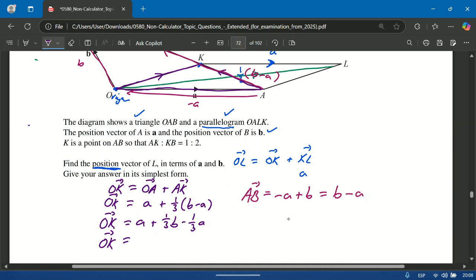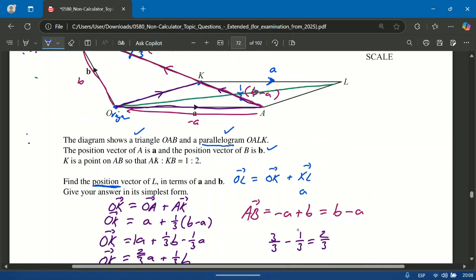So we can say this is A, or 1A. And of course 1 will be 3/3 minus 1/3 which gives us 2/3. So 1A minus 1/3 A gives us 2/3 A plus 1/3 B. Sweet.